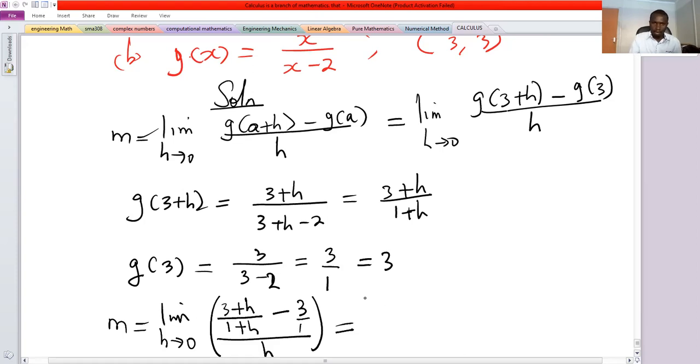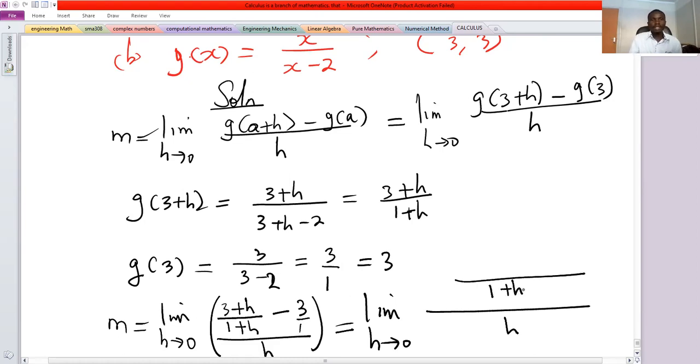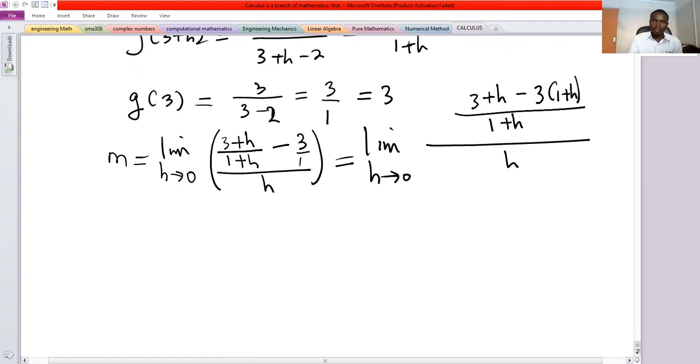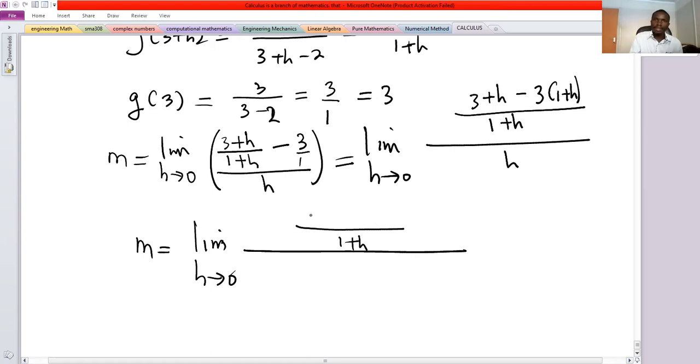So we'll have the limit as h approaches 0, with the denominator 1 plus h, which is the LCM, and then 3 plus h minus 3 times 1 plus h, which will give me m as the limit as h approaches 0 of 3 plus h minus 3 minus 3h, over 1 plus h, divided by h.